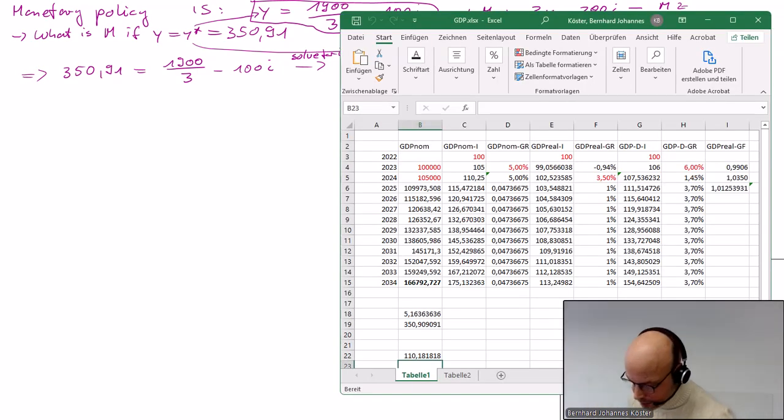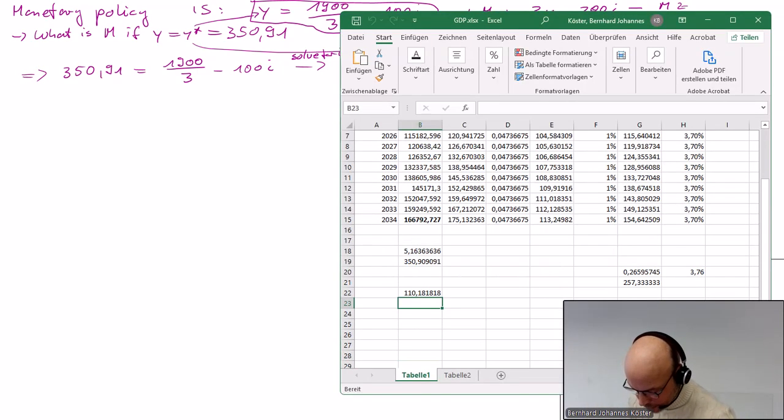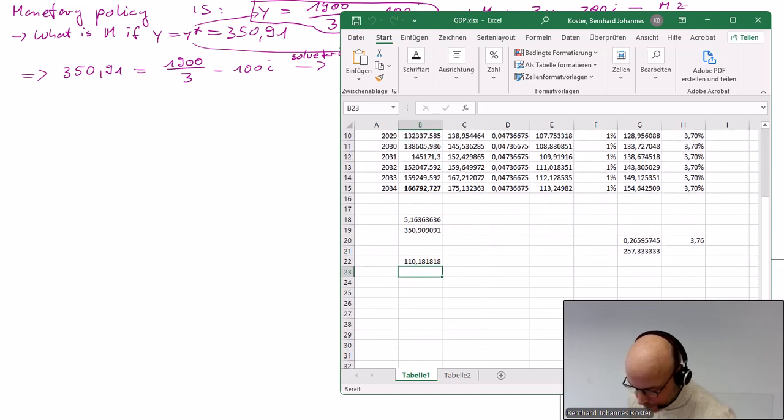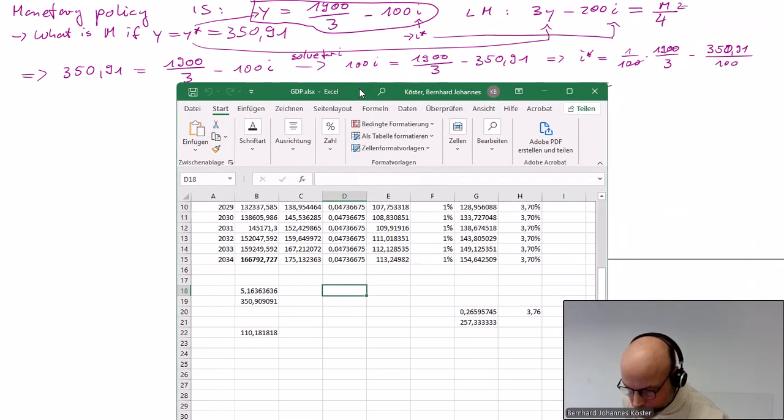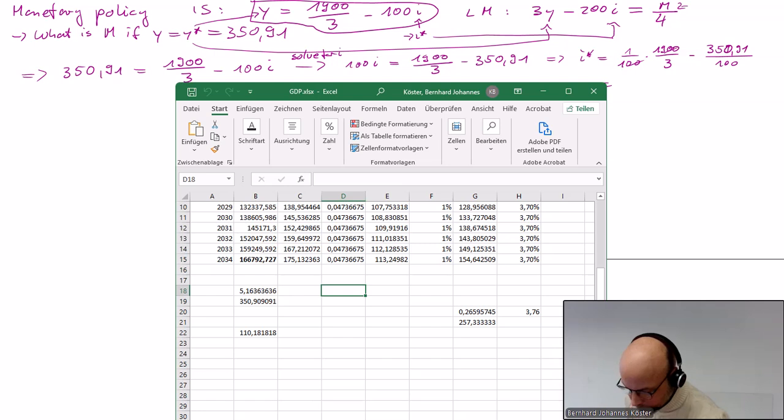Then let's calculate this. So we obtain 19 over 3 minus 350 over 100, which is 2.82.